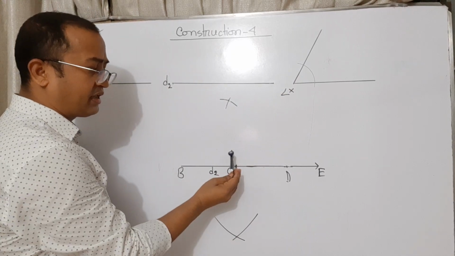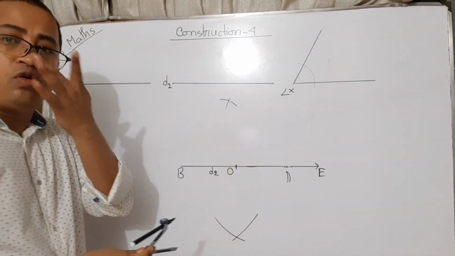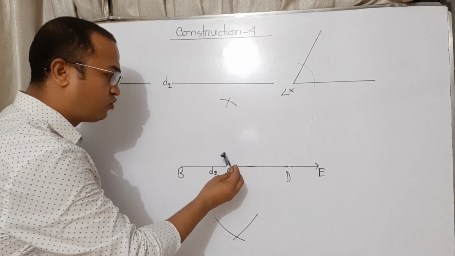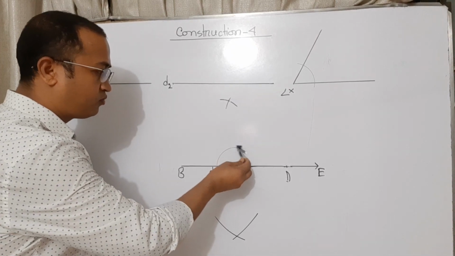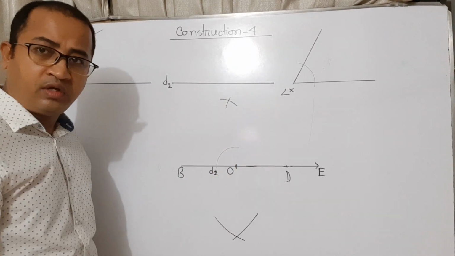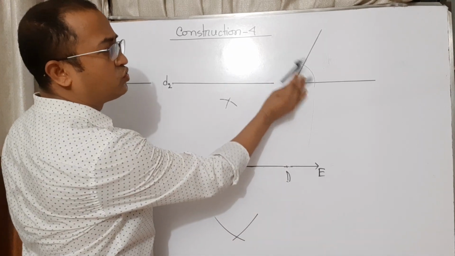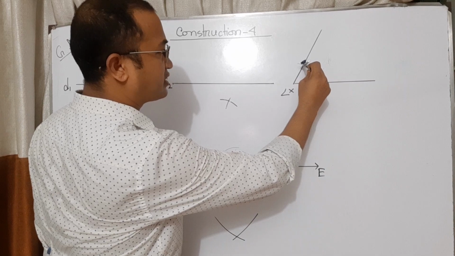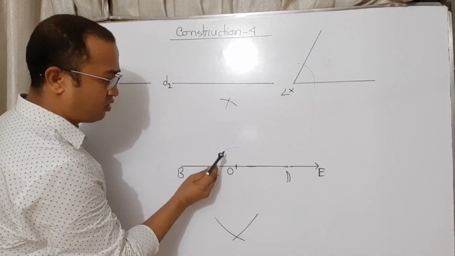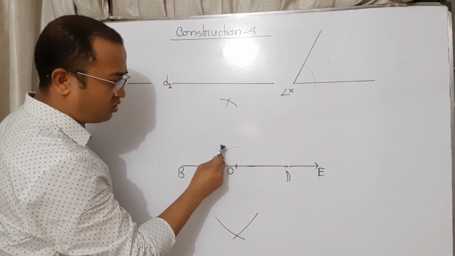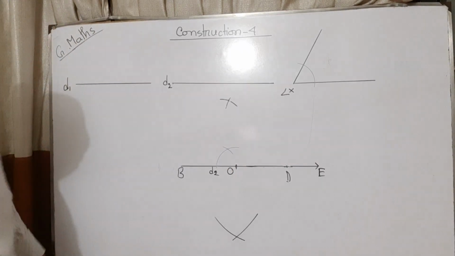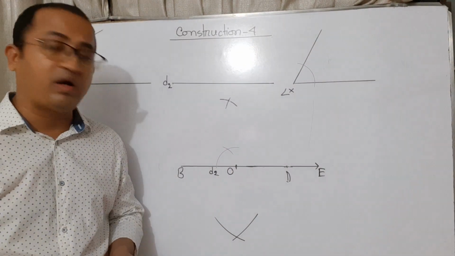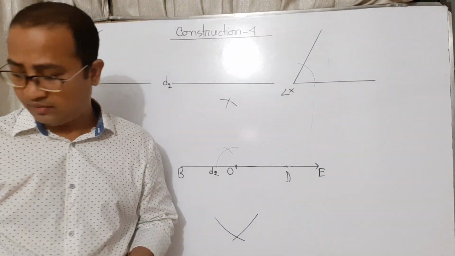Here also, with center O and that same radius, we draw an arc. Now take the measurement of these two points. Now with center at this point we draw an arc. Now join these two lines, and we will get our required angle.